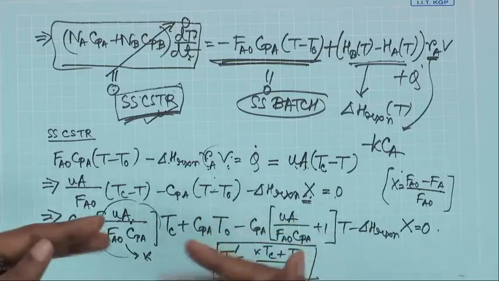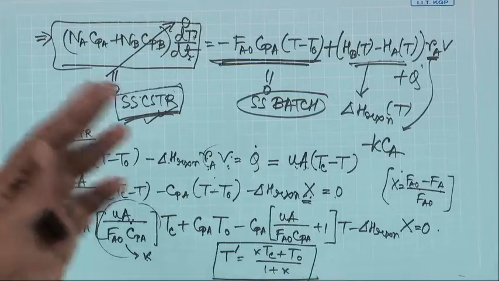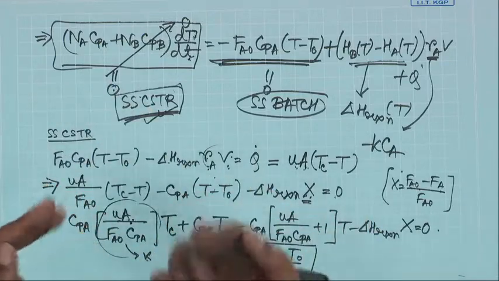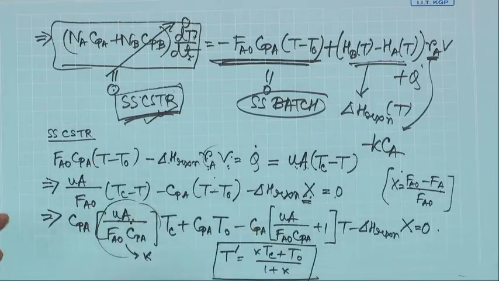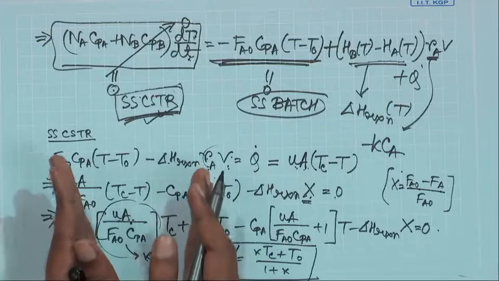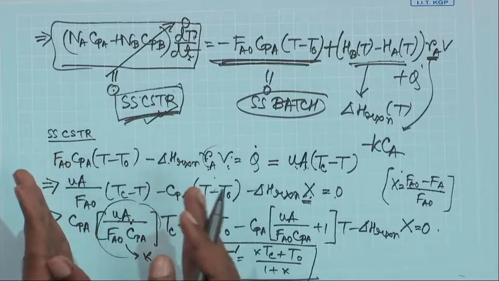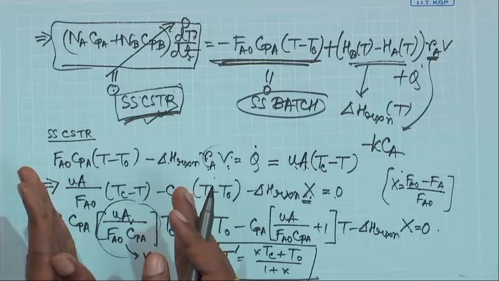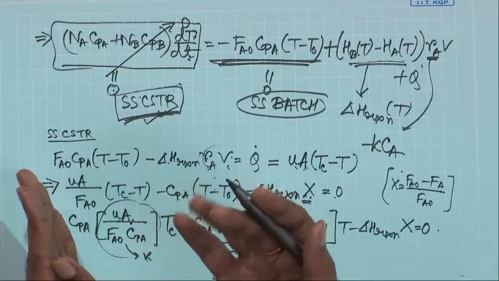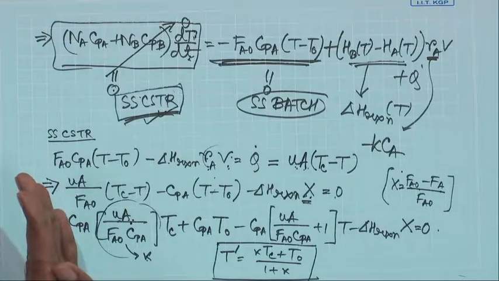So, it actually tells you the influence of heat exchange on the reactor temperature relative to that of the heat transfer fluid, that ratio, because you have a heat exchange during the process. Now, this heat exchange will influence the ratio of the reactor temperature to that of the heat transfer fluid.